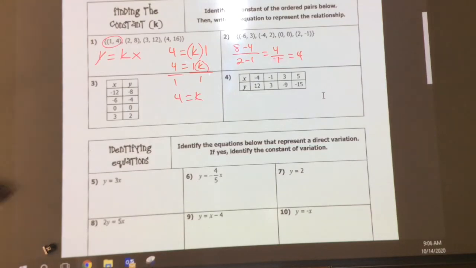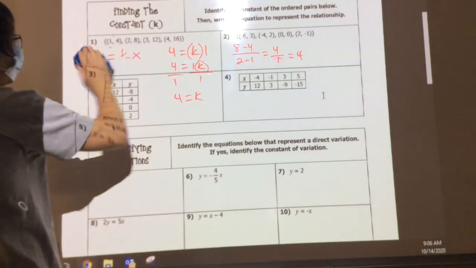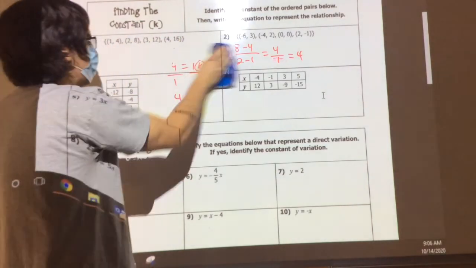Okay, here's what I want you to do. For number 2, I want you to find me the constant of number 2. Find me the constant of number 2.